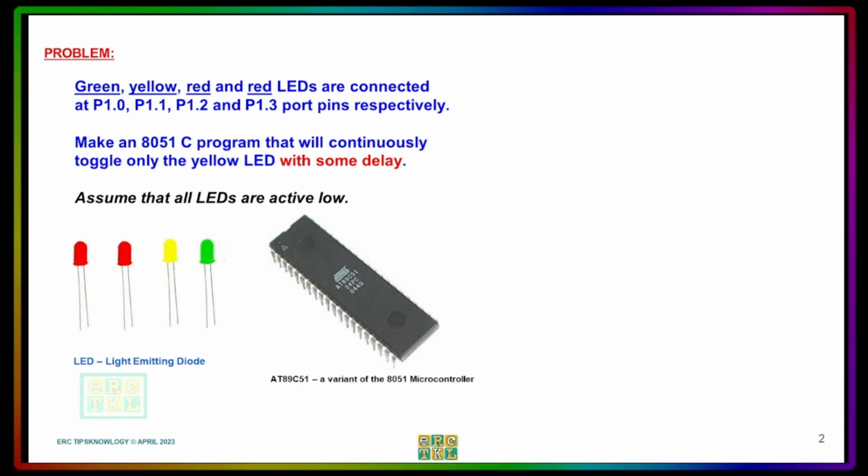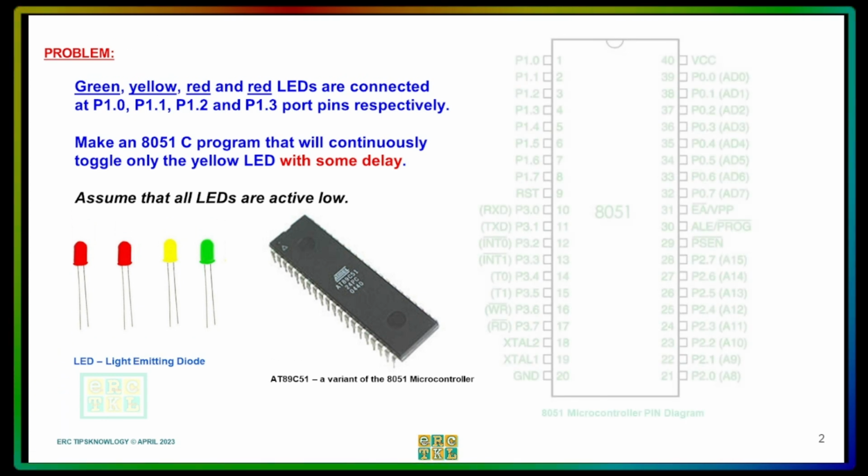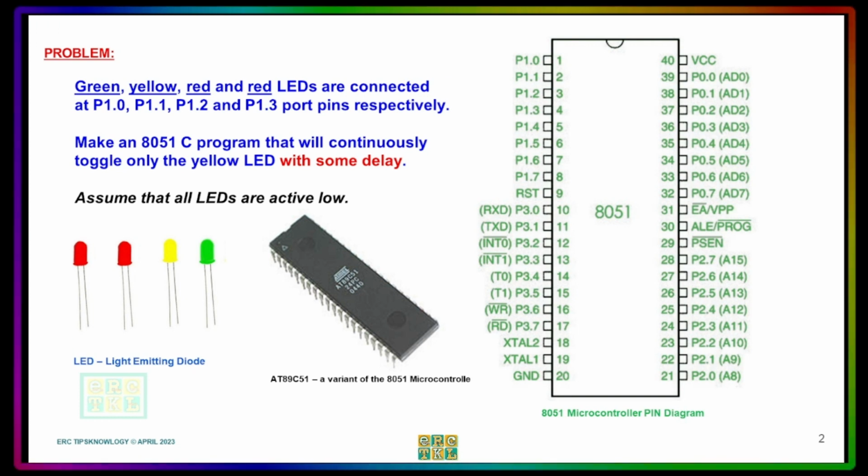Now we have here a sample variant of the 8051 microcontroller. This is the AT89C51. The pin diagram of the 8051 shows that it has 40 pins, and the first port is called port 0, and each port has 8 pins. Port 0 is on pin number 39 down to pin number 32.